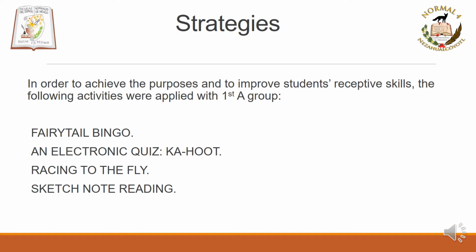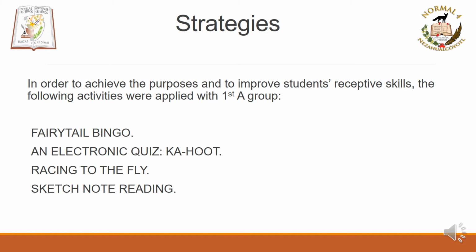Then we have an electronic quiz, Kahoot. Kahoot is an electronic platform, which is kind of a test. In this one, they compete one against another in order to know who can answer the questions the fastest, and who can answer them, of course, correctly. This was really fruitful because students were really happy with it.